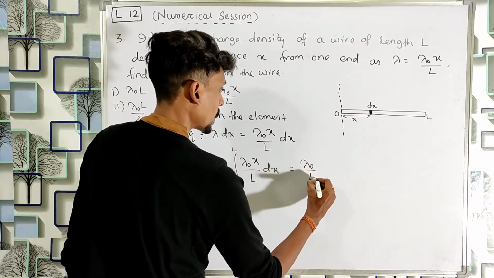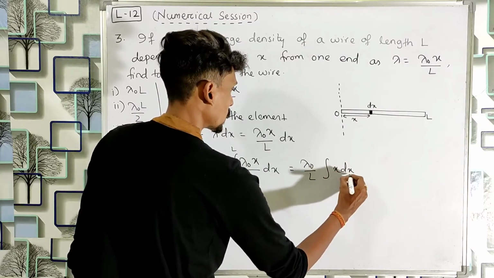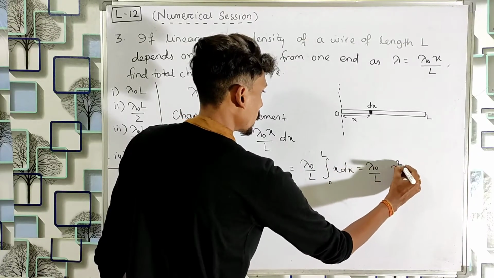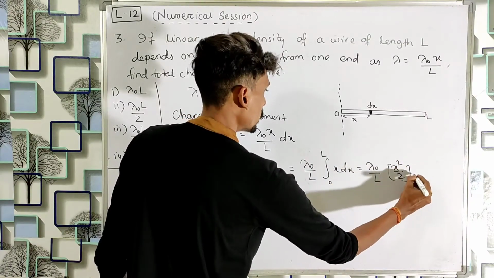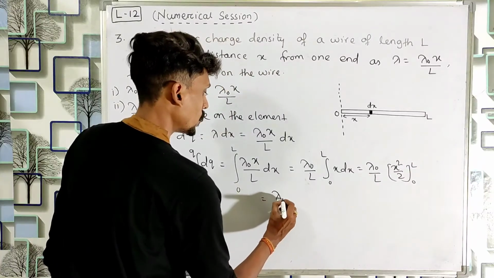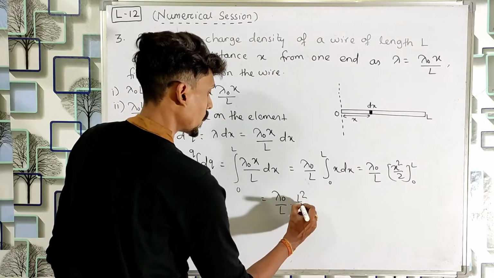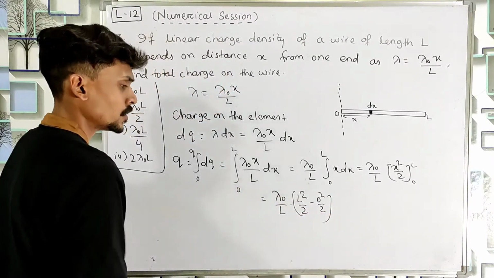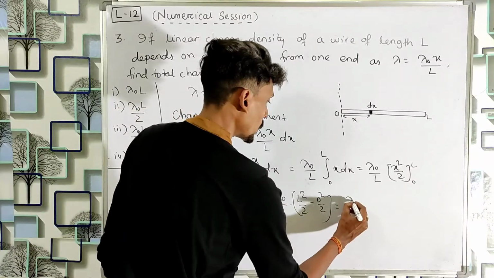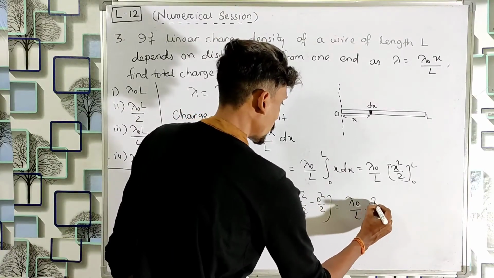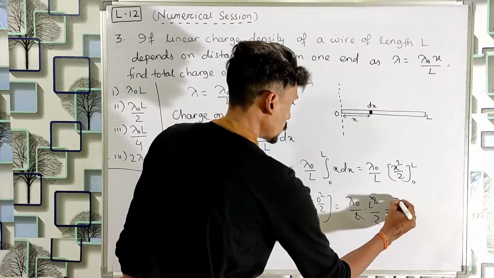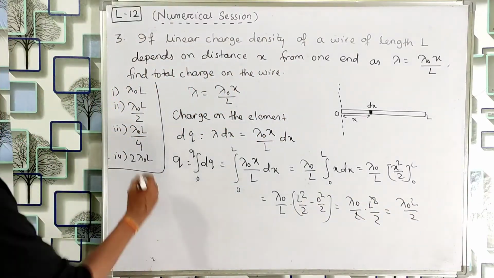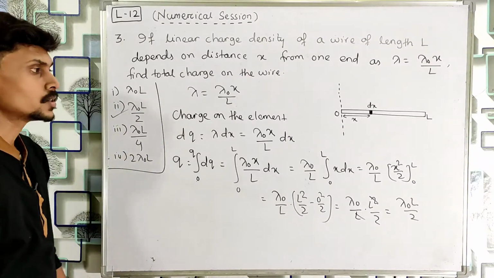Lambda naught by L integration of x dx, 0 to L, that is equal to lambda naught by L into x square by 2, the limits are from 0 to L, that is equal to lambda naught by L into L square by 2 minus 0 square by 2, and 0 square by 2 is 0, so you have only lambda naught by L into L square by 2. So the answer will be lambda naught into L by 2. So option number 2 is the correct one.